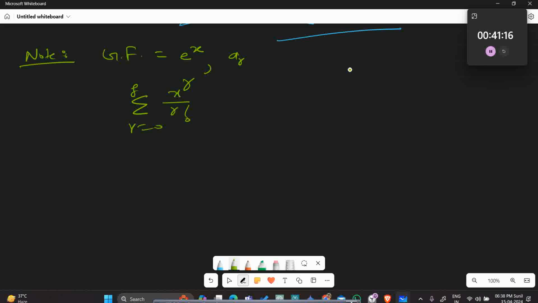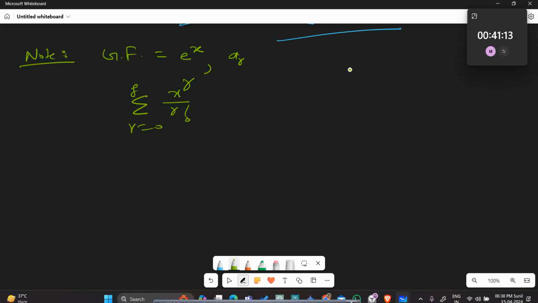There is one very important note here. If the generating function is e to the power x, then we can see it is sigma r equals 0 to infinity x to the power r upon r factorial.